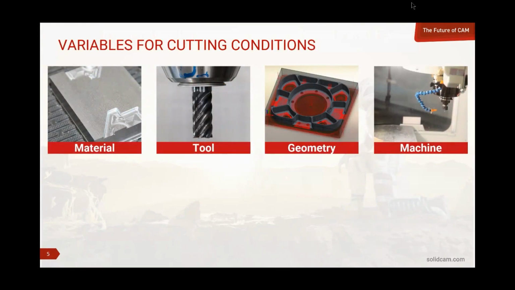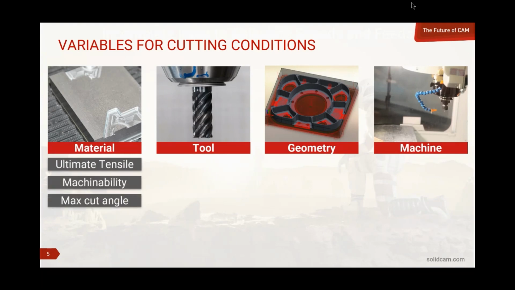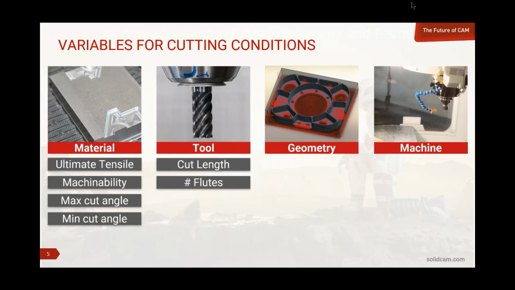Now, there are a lot of things that we do with iMachining, but the automation strategy of it is to take information from the material, where we get the ultimate tensile strength and machinability. We can assign minimum and maximum cutting angles to a particular material. From the tool, we get the cut length, the number of flutes, and the helical angle of the flute.